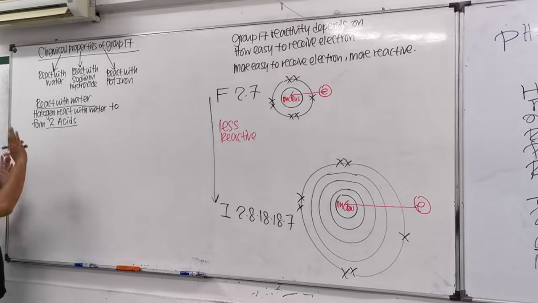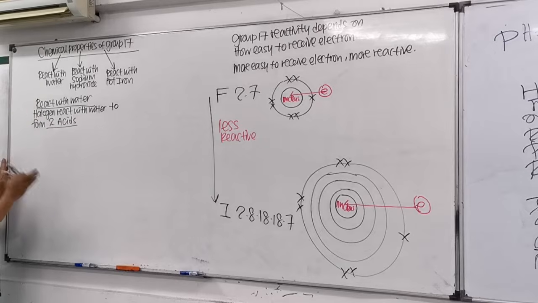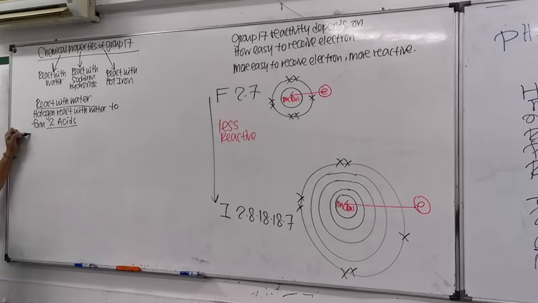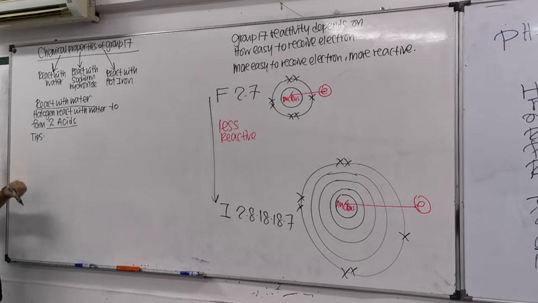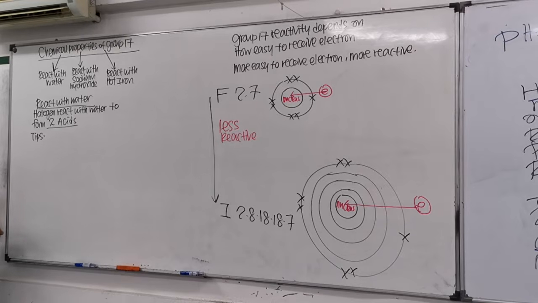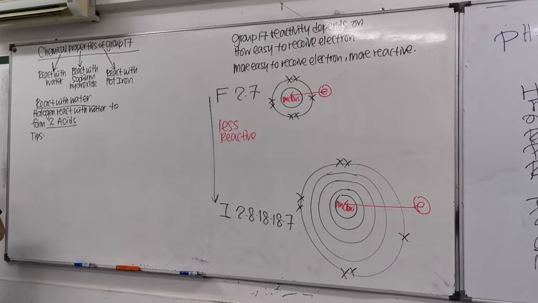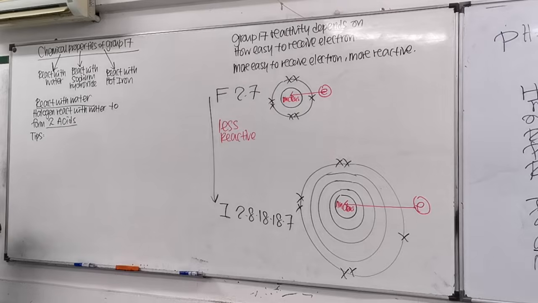Now I teach you how to write the equation, and please don't memorize. Like what I say, the tip is to always use one element to predict. Chlorine, bromine, iodine: you choose the one you feel more familiar with to predict. For me personally, I love chlorine. I feel more comfortable with chlorine rather than bromine and iodine.